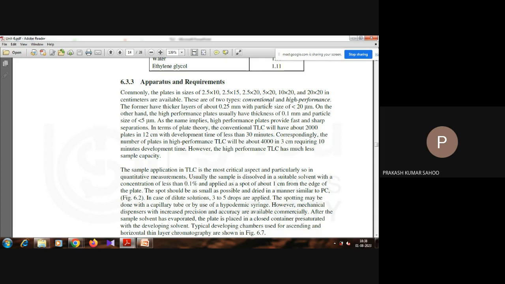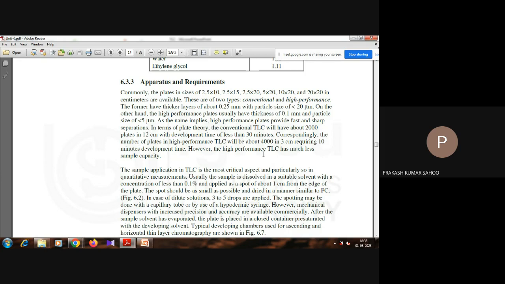In conventional, the thickness is 0.25 millimeter with particle size of less than 20 micrometer. But in high performance TLC, the plates have thickness 0.1 millimeter with particle size of less than 5 micrometer. So as the name implies, high performance plates provide fast and sharp separation.